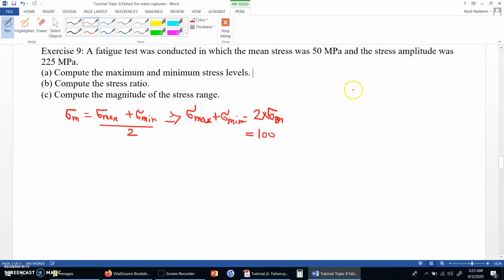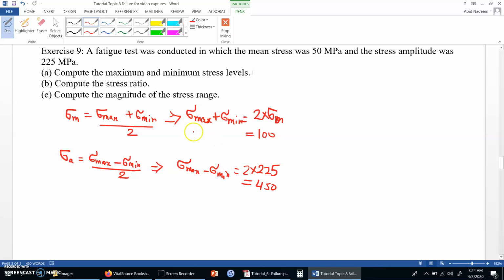And the stress amplitude is basically sigma max minus sigma min divided by 2. So from this equation we find that sigma max minus sigma min is equal to 2 times sigma amplitude, which is 225, equal to 450.